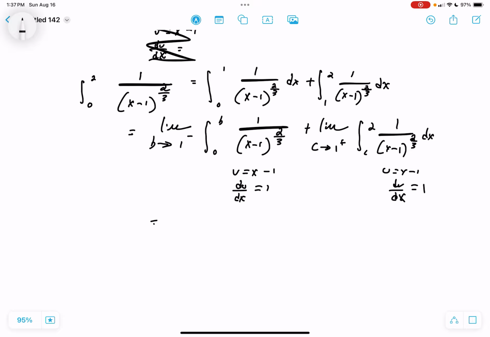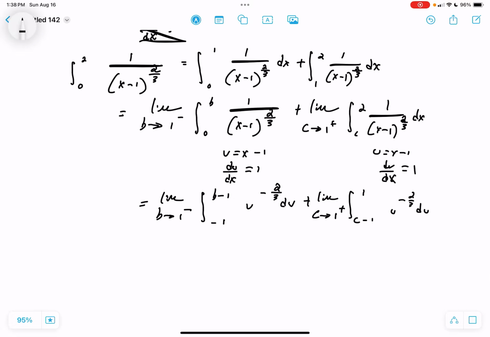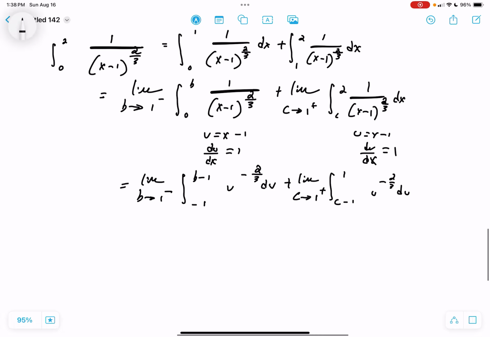So this is now going to become the limit as b approaches 1 from the left, integral from -1 to b minus 1 of u to the -2/3 du, plus the limit as c approaches 1 from the right, integral from c minus 1 to 1 of u to the -2/3 du. All right, so this is the proper way of doing this. It may be tedious, but this is how you have to do it.